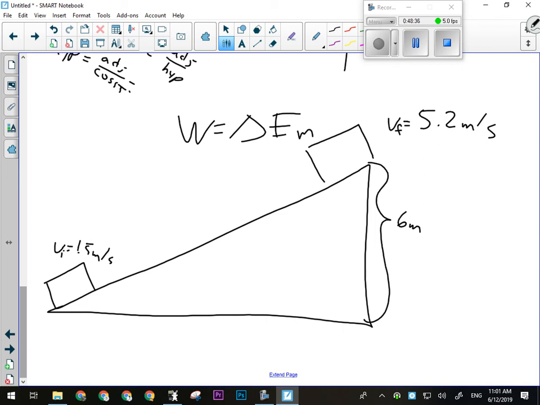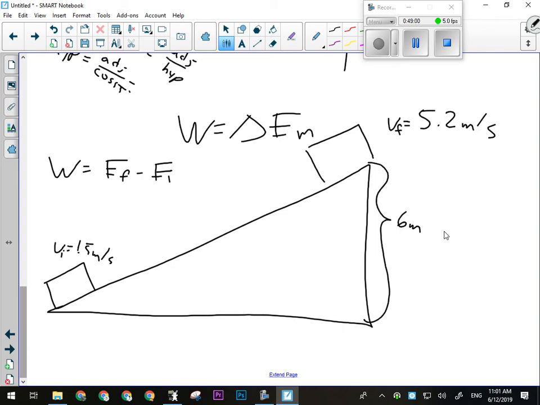So if work's a change in mechanical energy, can I calculate the mechanical energy here? Can I calculate the mechanical energy at the top? What do we do with those two numbers? Subtract them. Guys, change in mechanical energy, work means energy final minus energy initial. That's how you calculate change in anything, final minus initial.